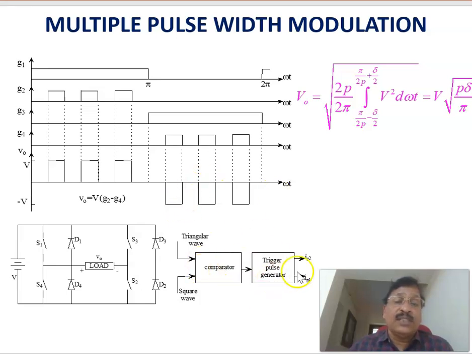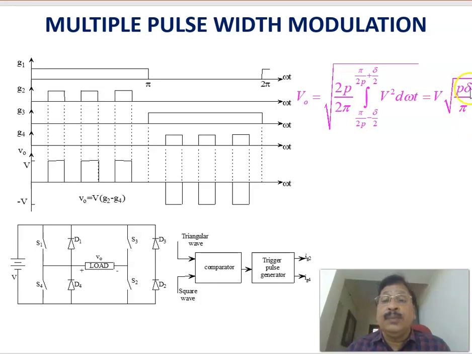As the level of the reference voltage changes, you change the pulse width so that the RMS value of the output voltage can be changed. The frequency can be changed by changing the frequency of the reference or modulating signal, which is a square wave. The RMS value of the output voltage, as we already calculated, is V into root of p delta divided by pi.